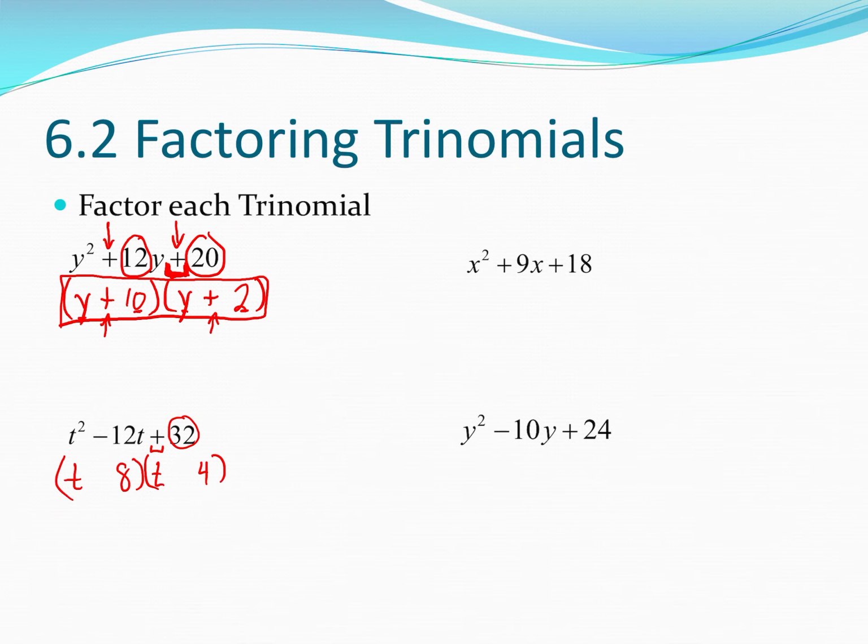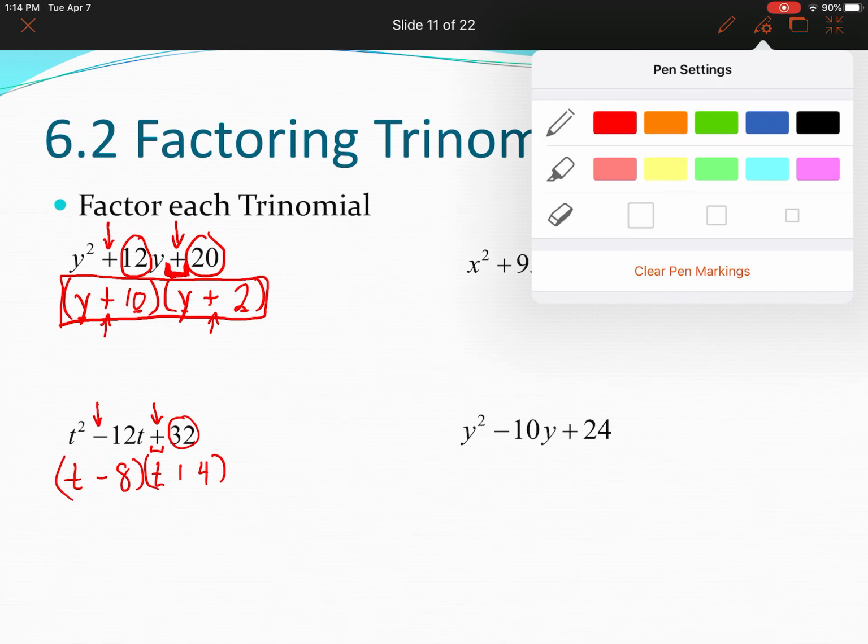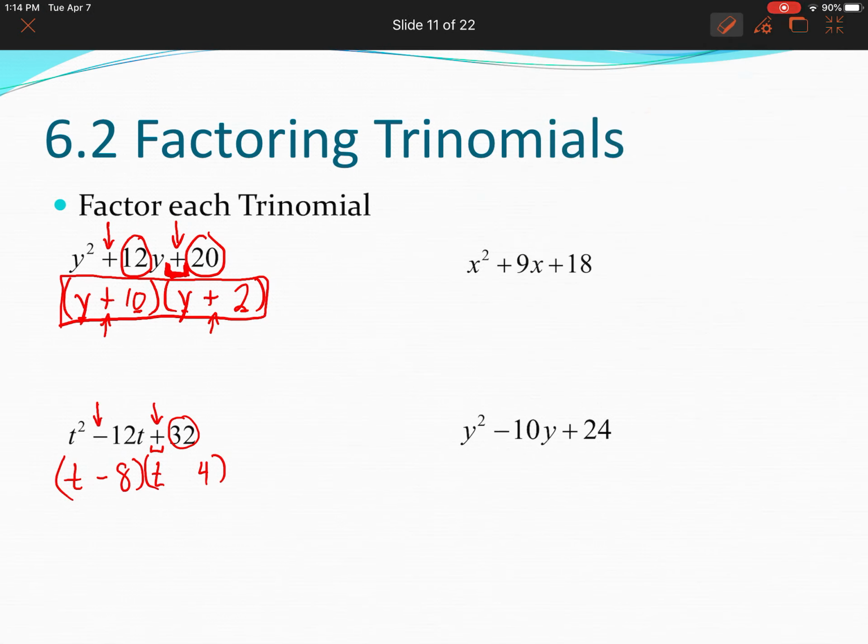And again, because this sign is addition, it tells us the signs need to be the same. This one goes to the biggest number, so it's a negative 8. Since they're the same, then this one is also negative. Again, there's our final answer.